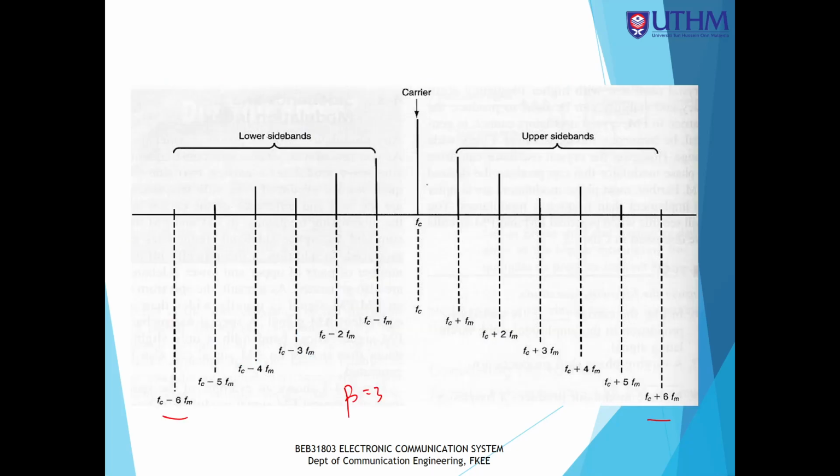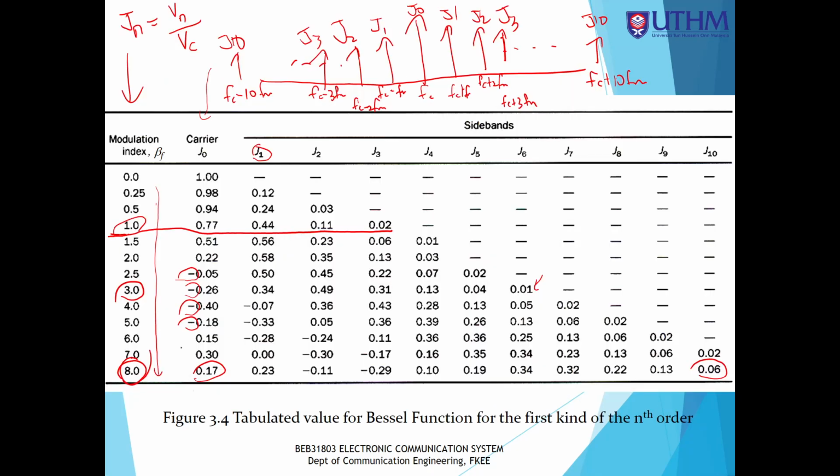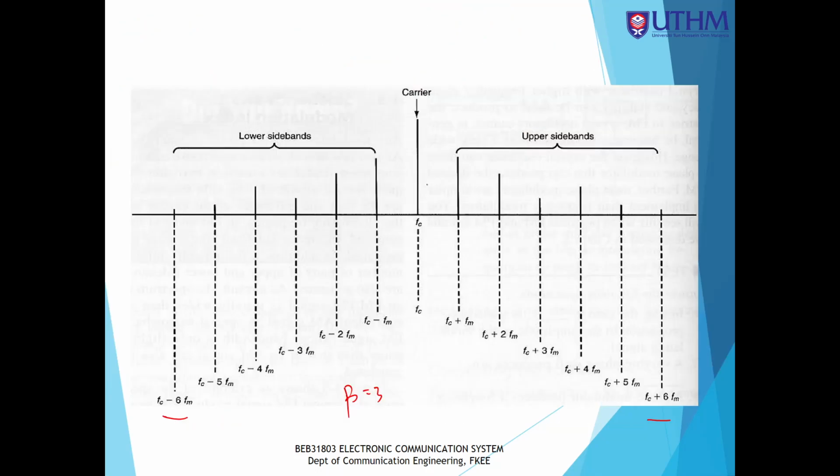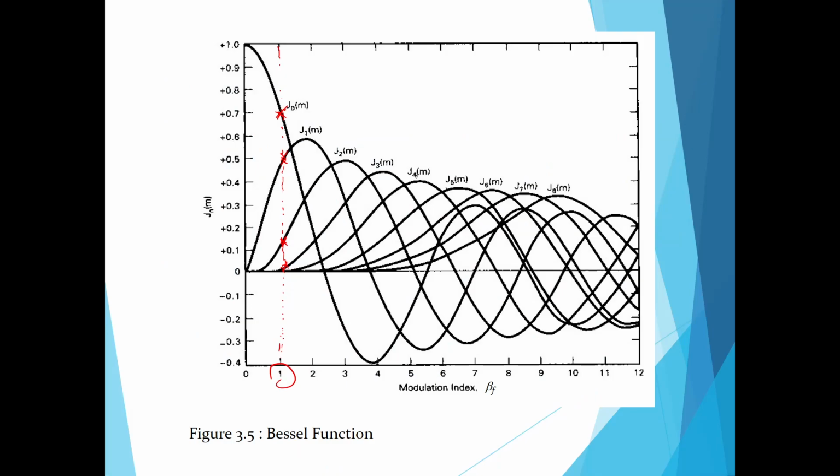Okay, for example like this one. Beta equal to 1, we have these three values, 0.77, 0.44, 0.11 and 0.02. Okay, so for the other beta values, you can use your ruler, and you can find the value.